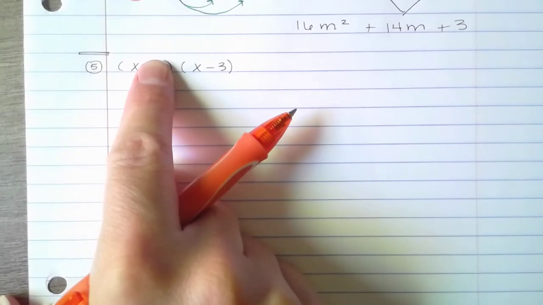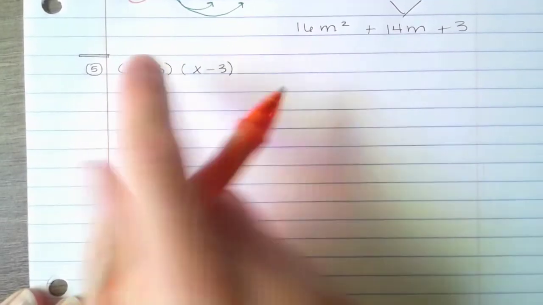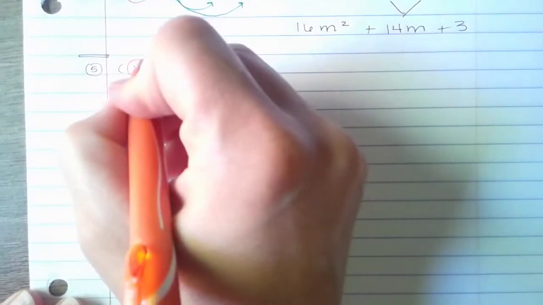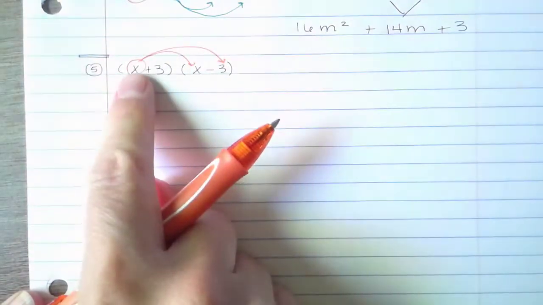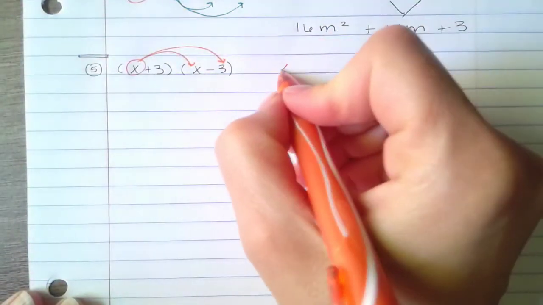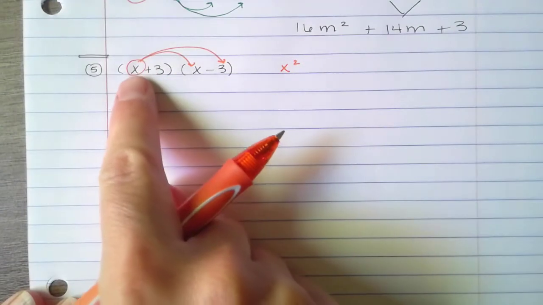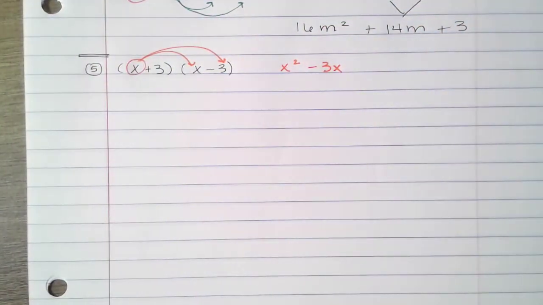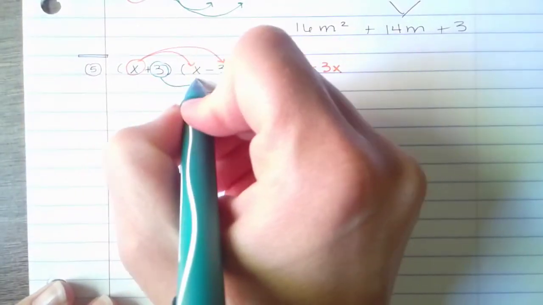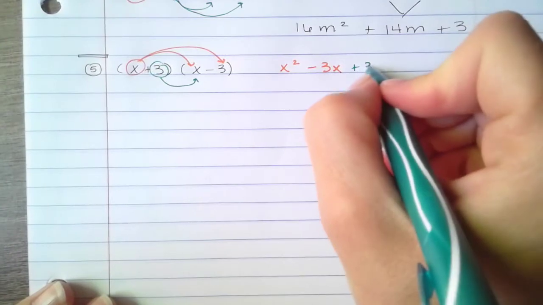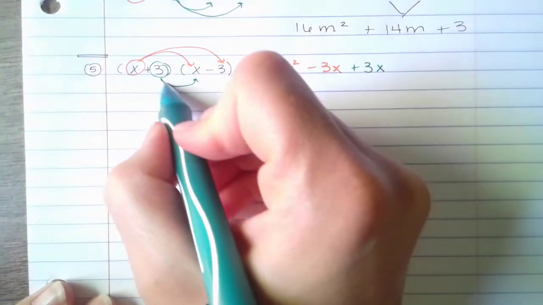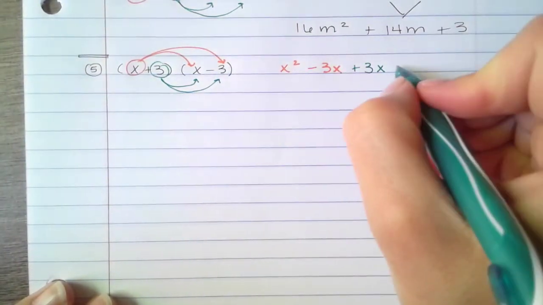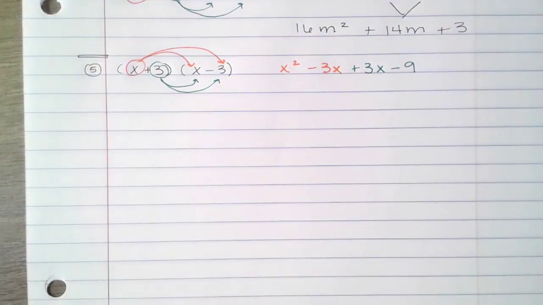I just look at one of the terms for the binomial, and I'm going to distribute that to both terms. x times x is x squared. x times negative 3 is negative 3x. Same process, nothing has changed. Let's distribute this 3. 3 times x is positive 3x. 3 times negative 3 is negative 9. Okay, we're done. That's my answer.